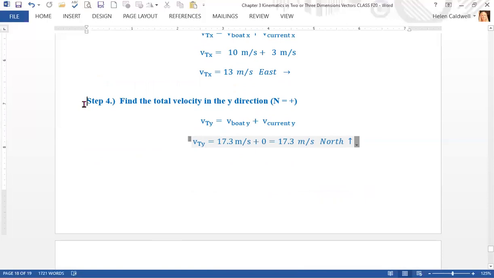With the total velocity in the y direction, v total y is the velocity of the boat in the y direction plus the velocity of the current in the y direction. So what we have is v total y equals 17.3 meters per second for the boat and 0 for the current's y. So they add together and you get 17.3 meters per second north.